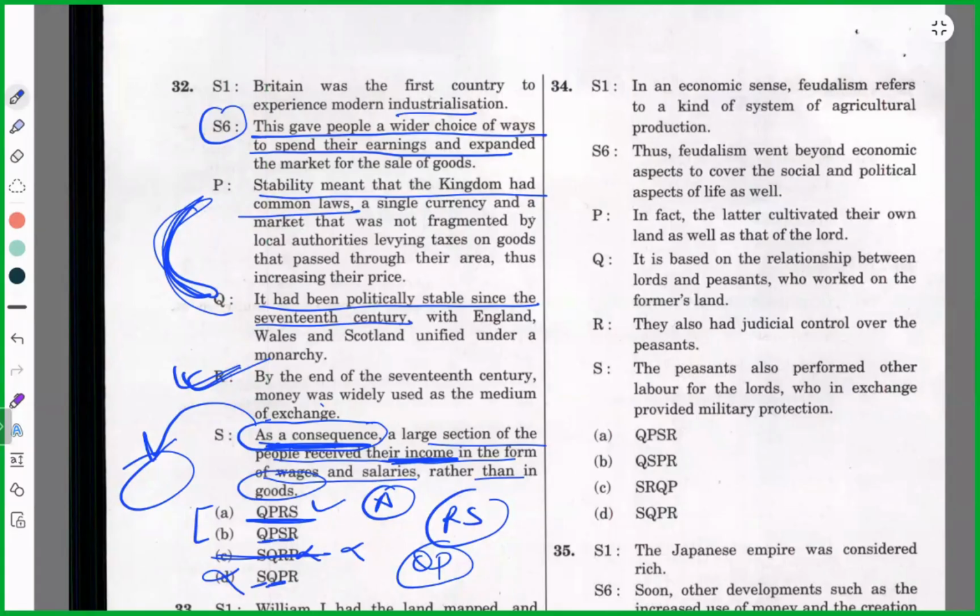It is easy. Do it fast. It is quite easy. Just use logic, guys. Follow the grammatical rules, the relation rules.